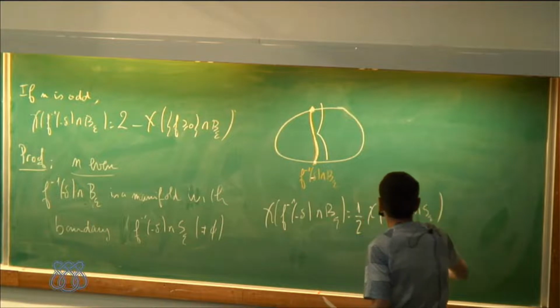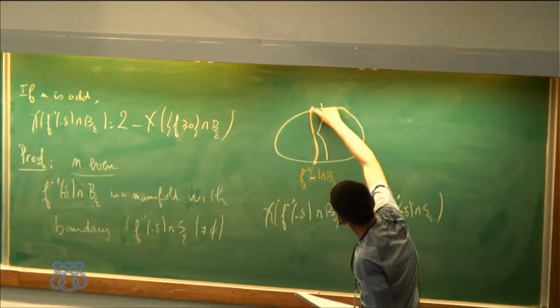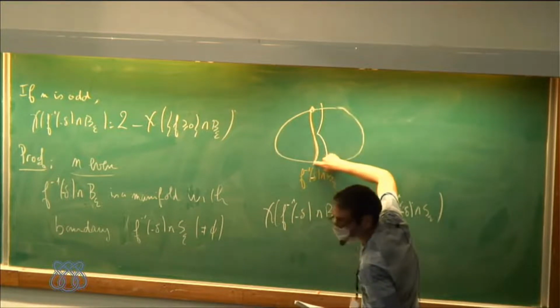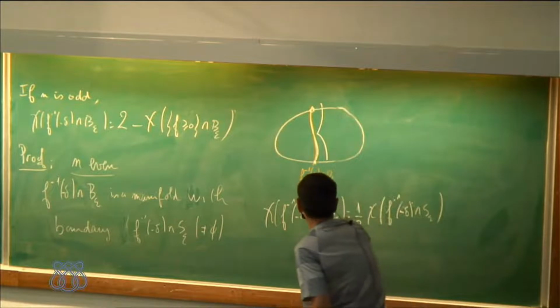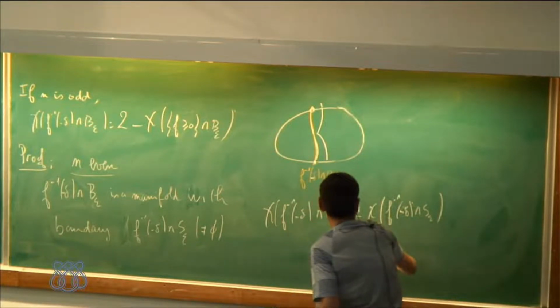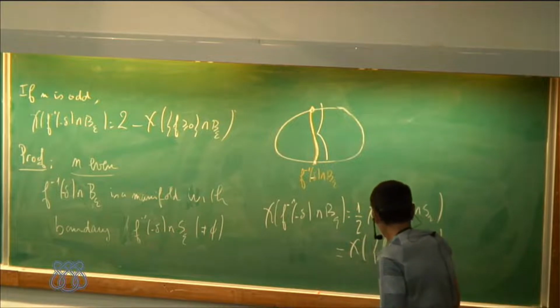Okay. But this part is also the boundary of this manifold, f less than minus delta intersected with the sphere.